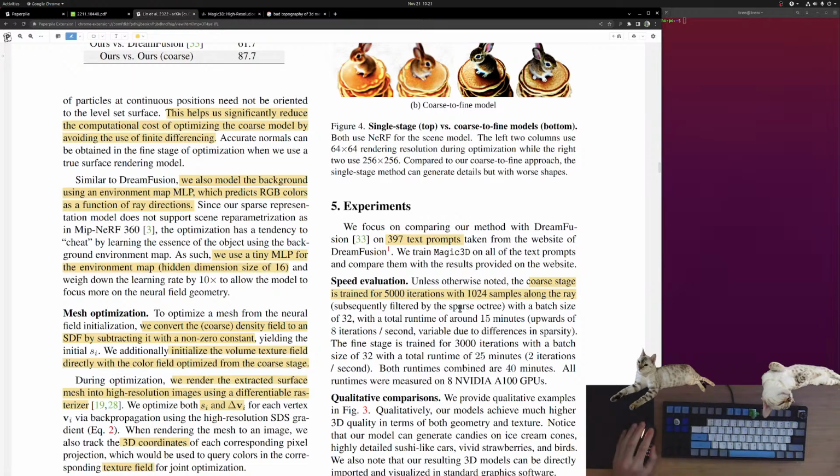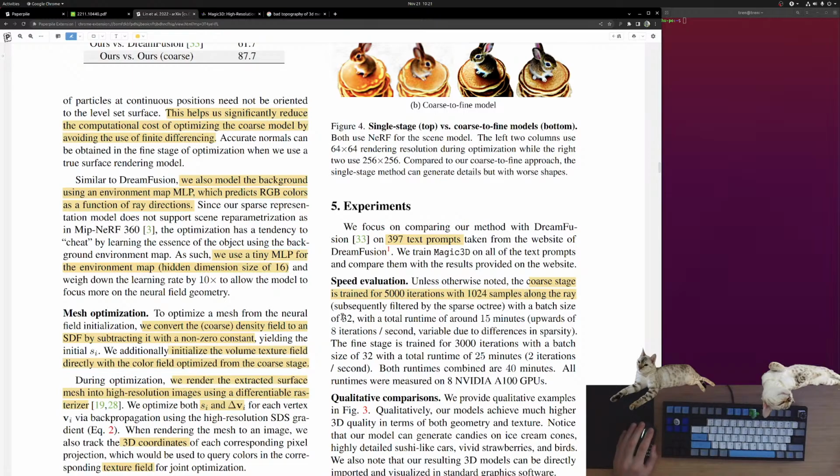And they're filtering that with the octree. So if there's part of that ray that just goes through empty space, they're not going to sample along that part. That's how they're able to drastically reduce the number of samples along each ray.